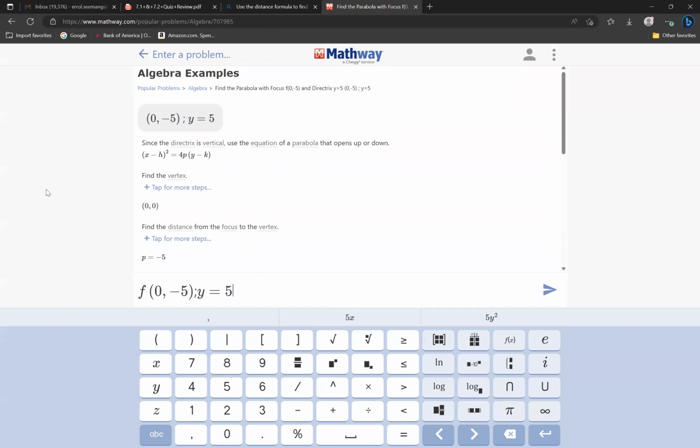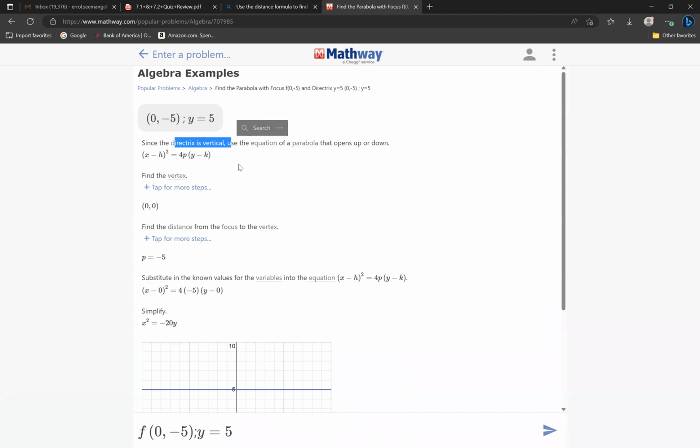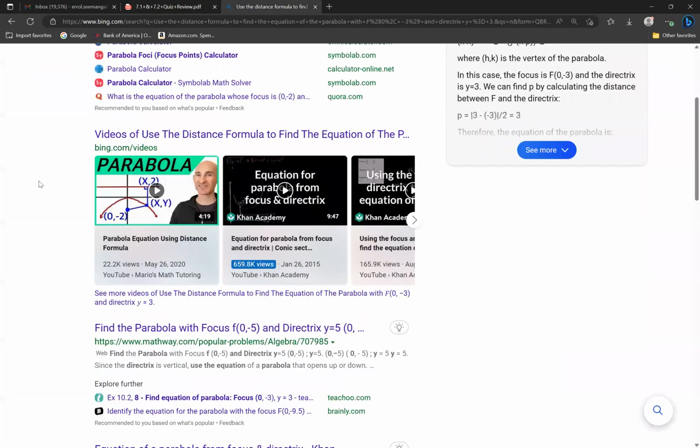Since the directrix is vertical, the parabola will open up or down. Our directrix is horizontal, so our parabola will open left or right. Okay, so let's see an example with a parabola that opens left or right.